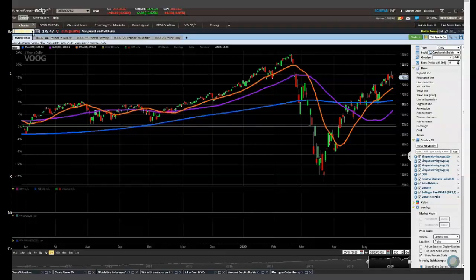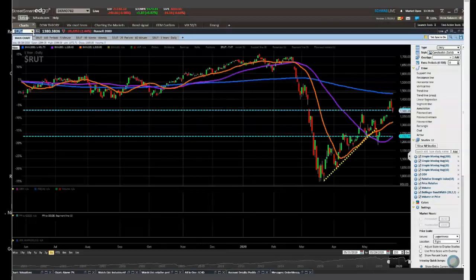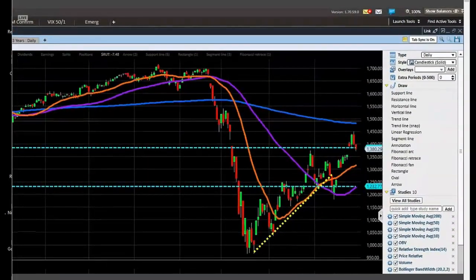All right, let's take a look at the small caps, then we'll take a sector review. Still flirting with that breakout level. They had a little bit of outperformance over the last week or so, but they're giving it back a little bit.